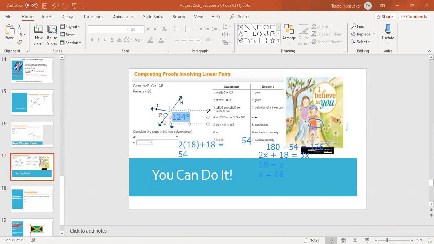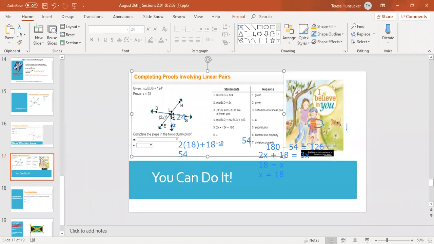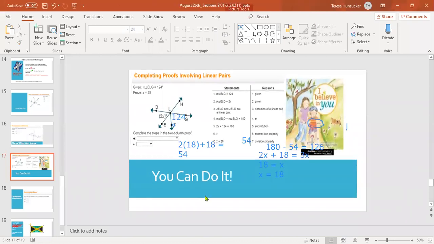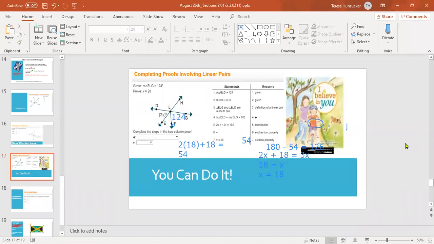So this big angle in here is 124. That means ELG, the angle that's 124, shares a side with DLE.